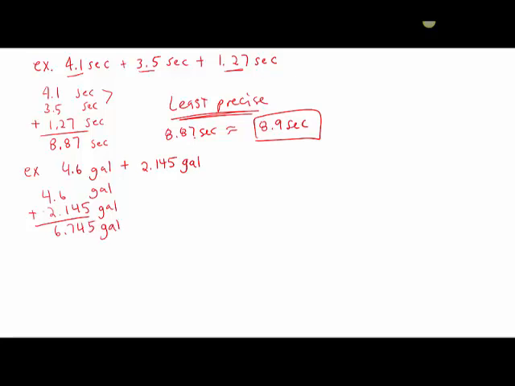We notice we have 3 decimal places there and 1 here, so we're going to round that to 6.7 gallons. On the test and things like that, you will need to know where you need to round that and so forth.